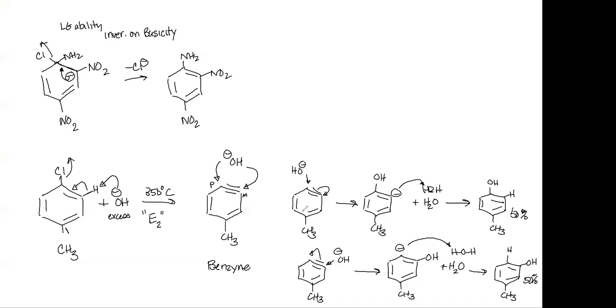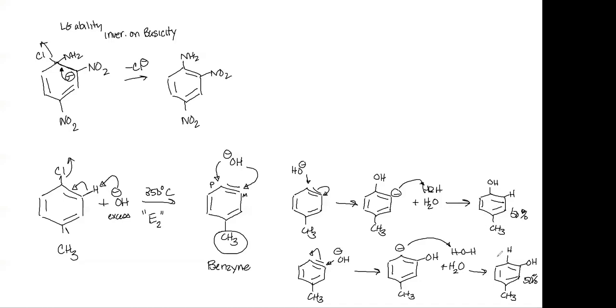So I'm sure that the first person that did this reaction didn't put a group here, and they just got one product. And then when they were thinking about the mechanism, they said, well, we need to put a group here to make sure we just get one product. And then lo and behold, they got two products.